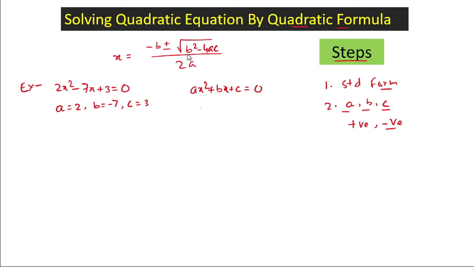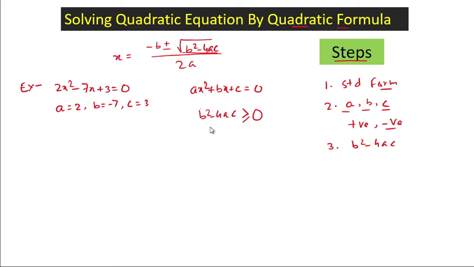After that, we will have to take out the value of b square minus 4ac. Our third step will be to find the value of b square minus 4ac, and it should not be less than 0. It should always be greater than or equal to 0.